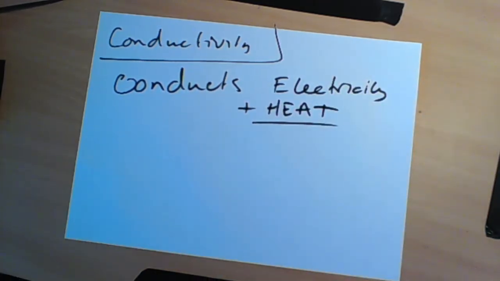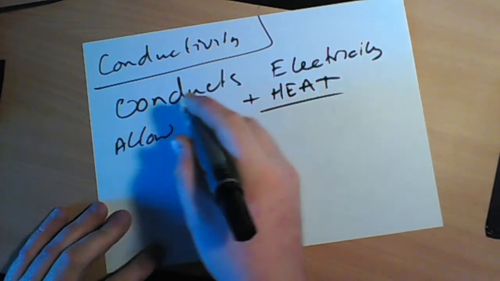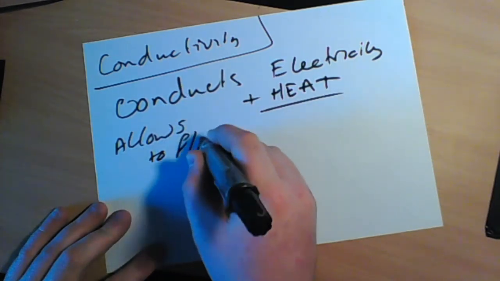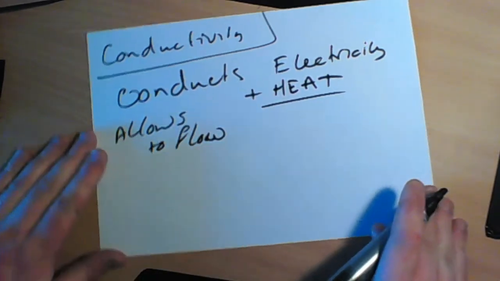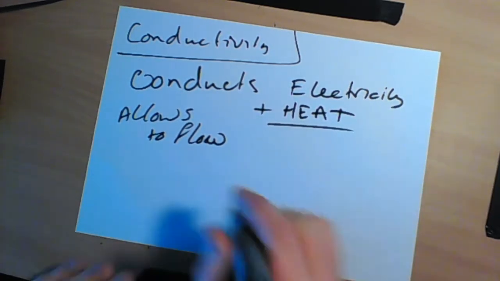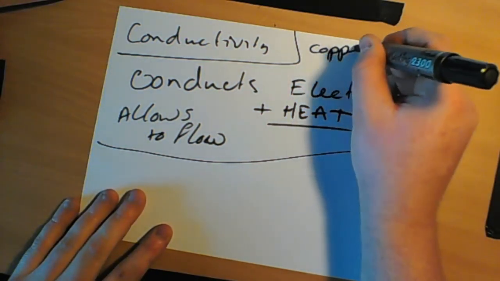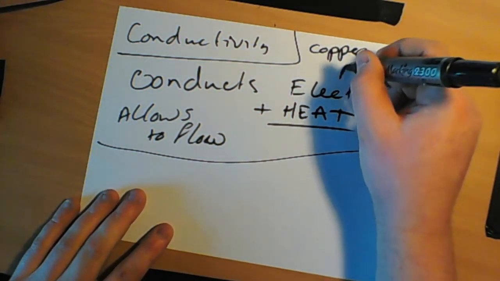It allows electricity and heat to flow through it. On a molecular scale, what happens is it bounces from one atom to the other, but you don't need to know that. You don't need to go that in depth with it. Copper is the most conductive metal out there. Aluminium, very conductive.